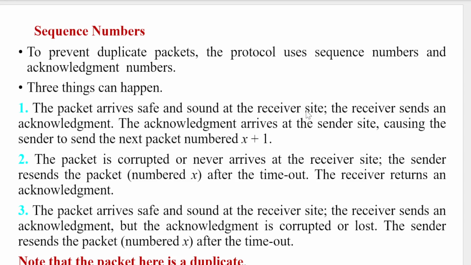The third scenario is that the sender sent the data and the receiver received it, but the receiver failed to give an acknowledgement or there is some error in the acknowledgement. The sender didn't get that acknowledgement. The sender sends the next data only after receiving the acknowledgement, so the same data will be sent again.